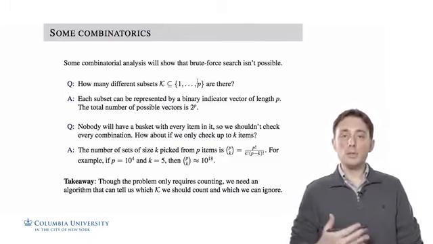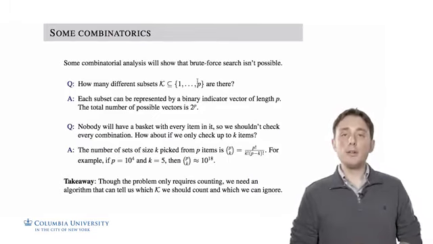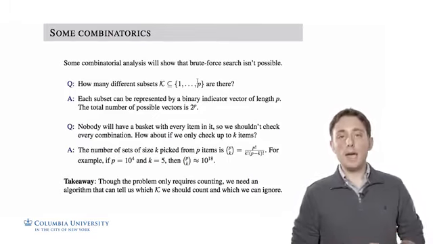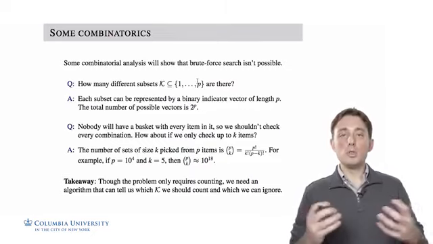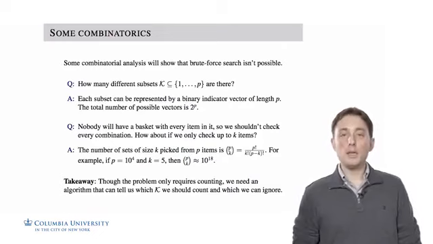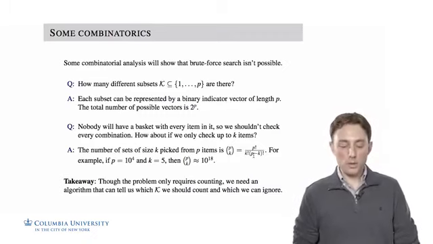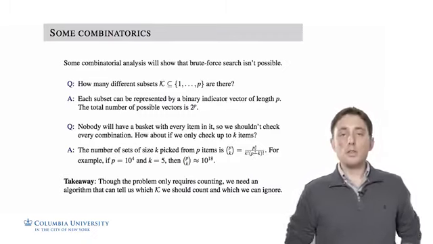So in this case, we can still do the combinatorial analysis to ask how many different subsets of size k can we construct from a superset of size p. And the answer to this is p choose k, which is p factorial divided by k factorial times p minus k factorial. So this is also a huge number.